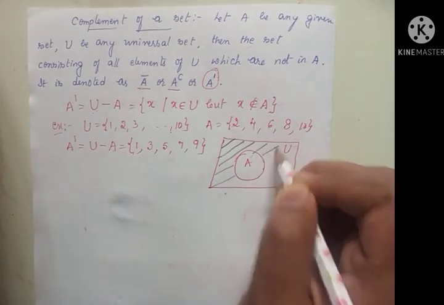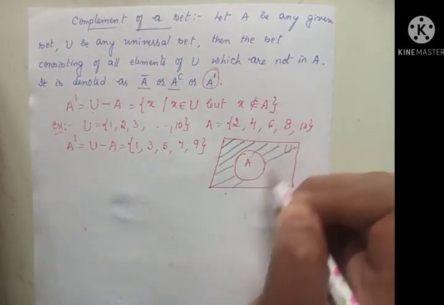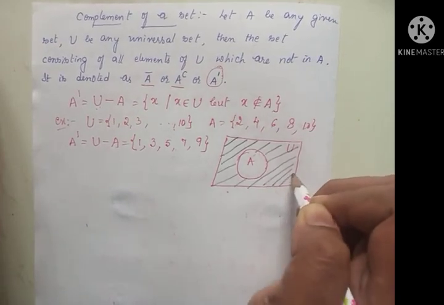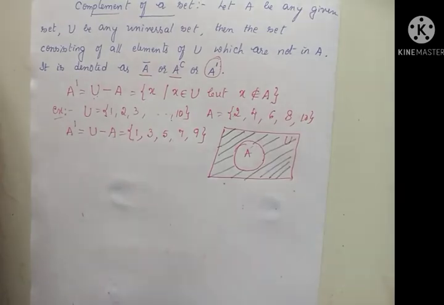If you shade the circle, that indicates the set A. So here to represent the complement, you have to shade the region outside the circle. So that is the complement of a given set A here. Okay.